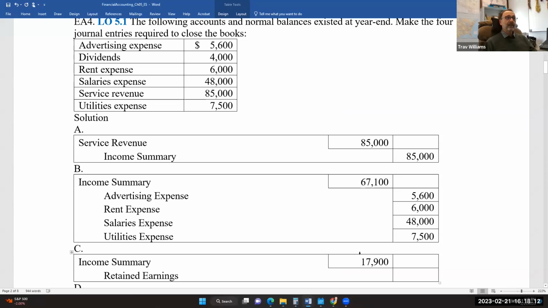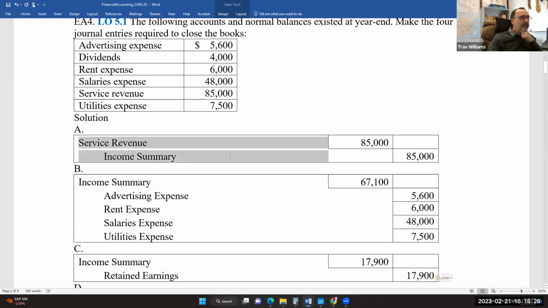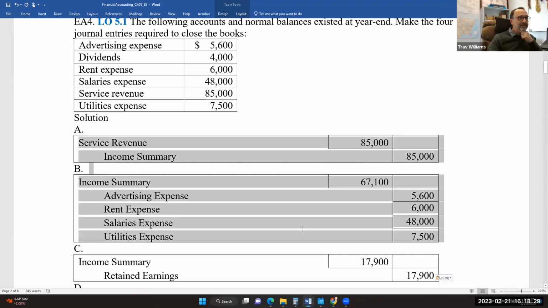But if we're debiting income summary, we have to credit something. We're crediting retained earnings. And this makes sense because if you think about it, the income statement is revenue minus expenses. And the difference is net income.